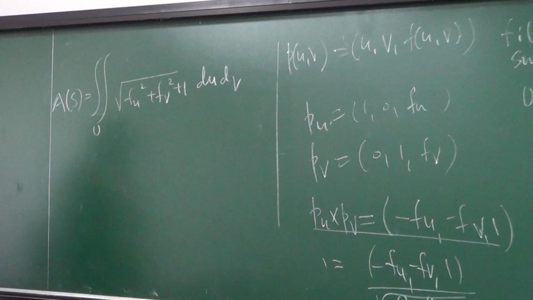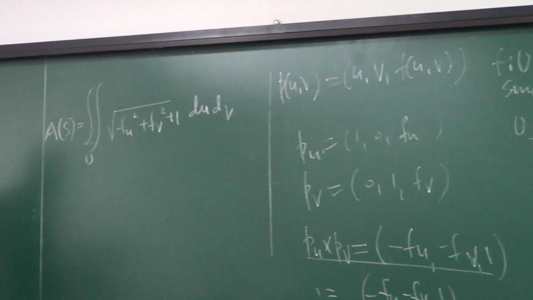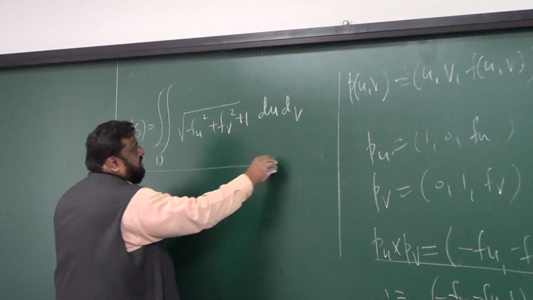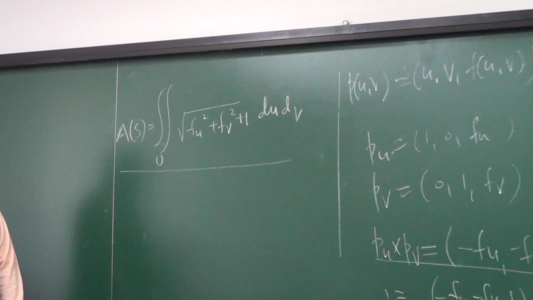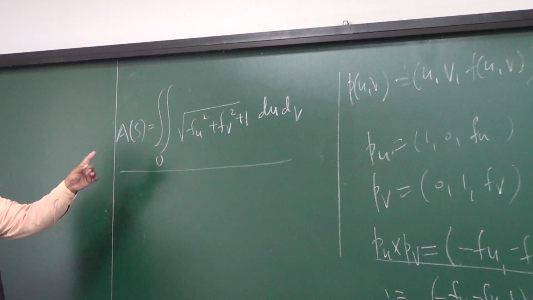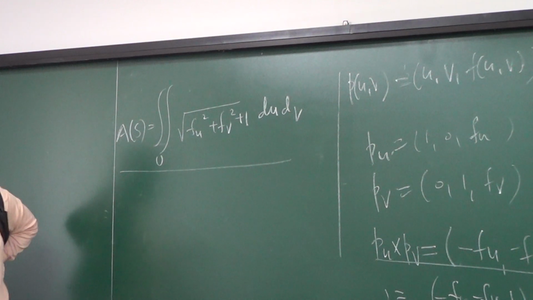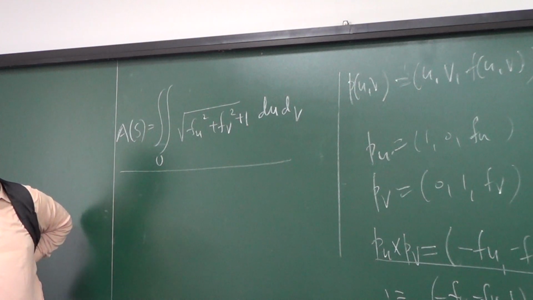So if I have a graph surface, the surface area would look like this. Now that's a beautiful simple formula. Think about why.